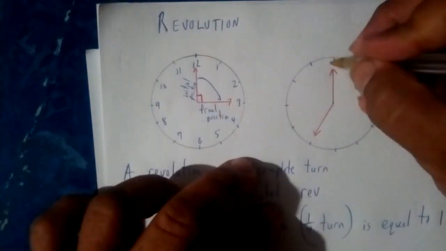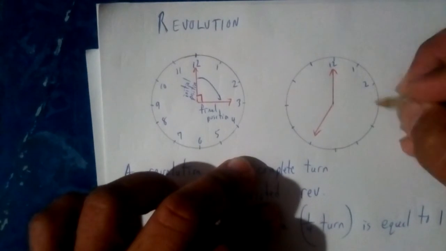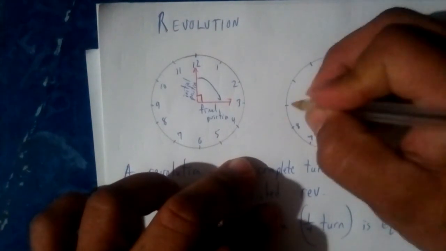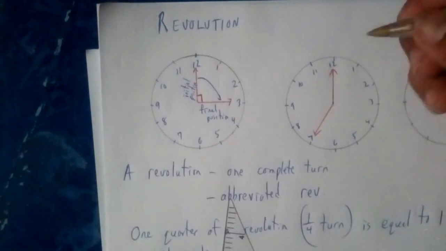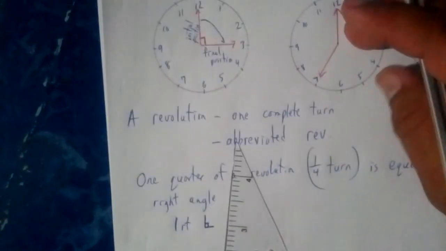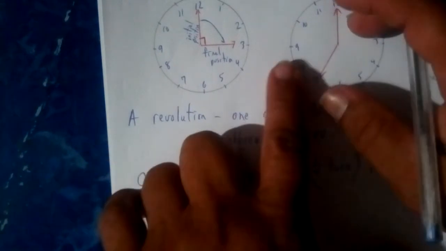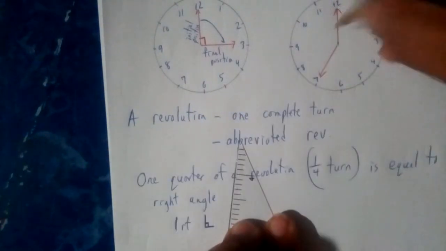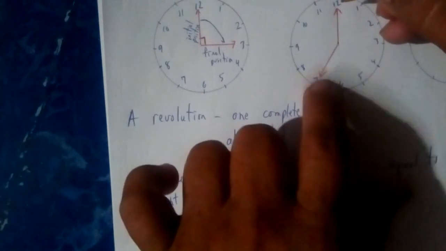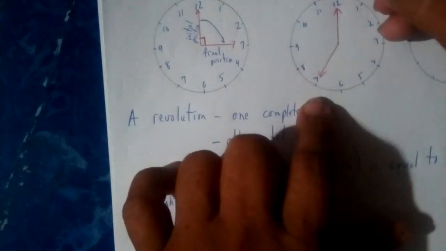For simplicity's sake, because this is our initial position and this is our final position, the amount of revolution here is 7 over 12.